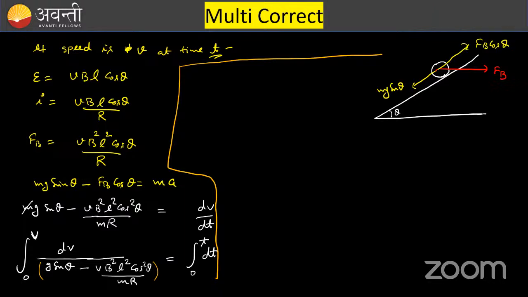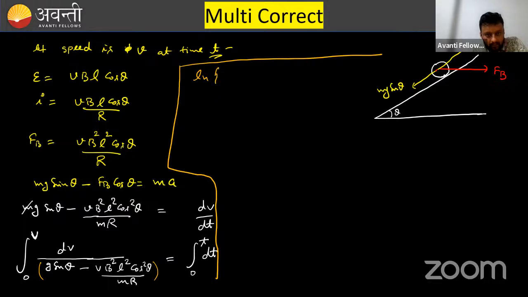Yes, sir. This whole term will come inside the ln. So ln of g sin theta minus v B squared L squared cos squared theta by mR.